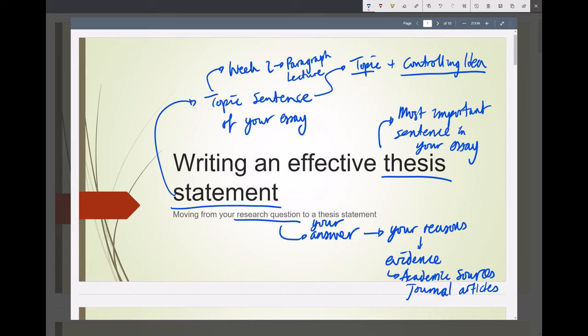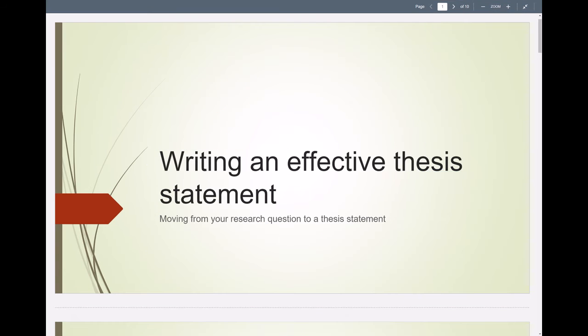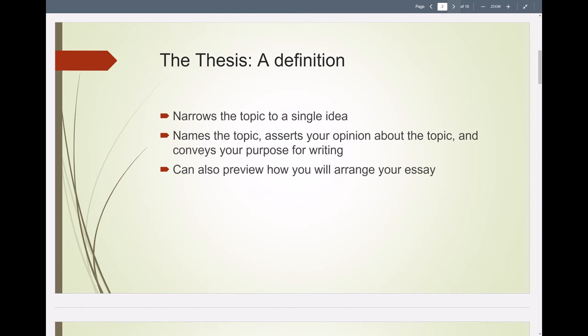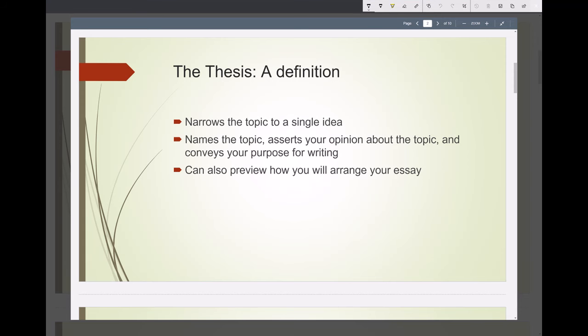Okay, so let's move on and talk about how to write an effective thesis statement. So for review, here is a definition of the thesis statement, in case you forgot.